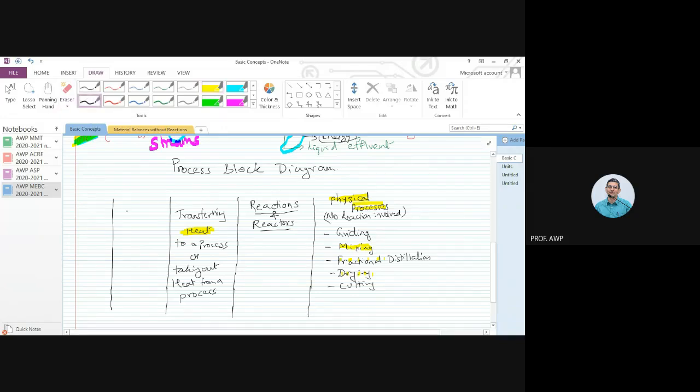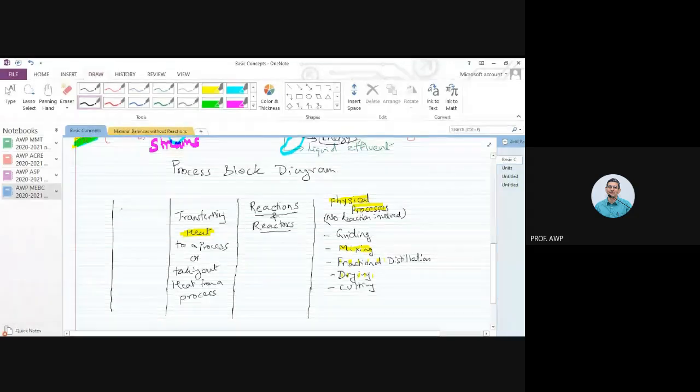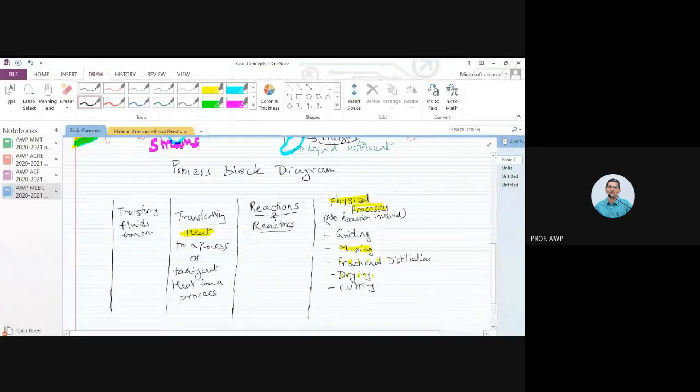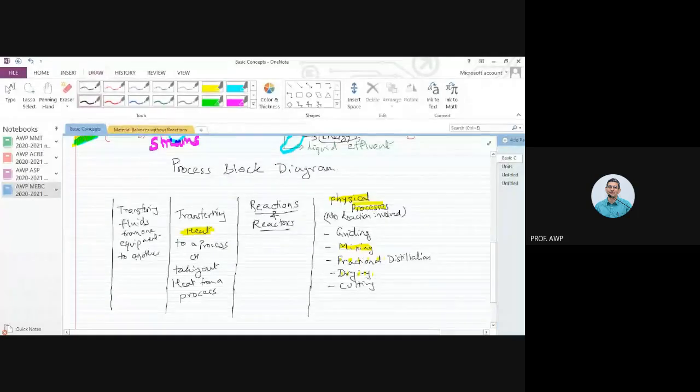I want to make another section of transferring fluids from one equipment to another. Don't you think that is required?